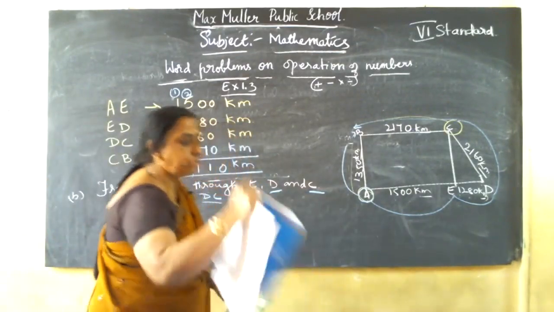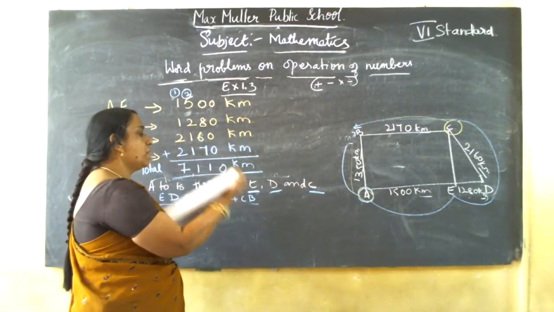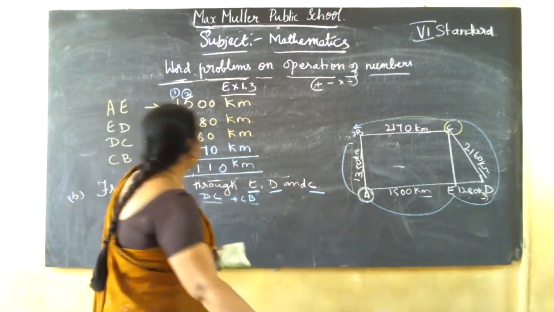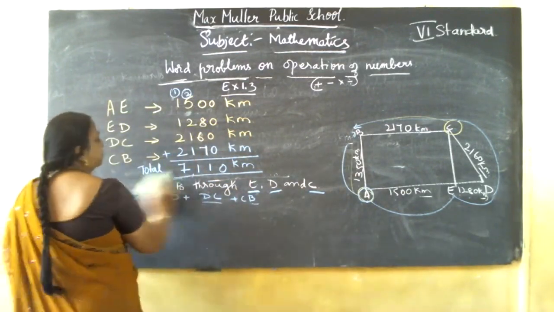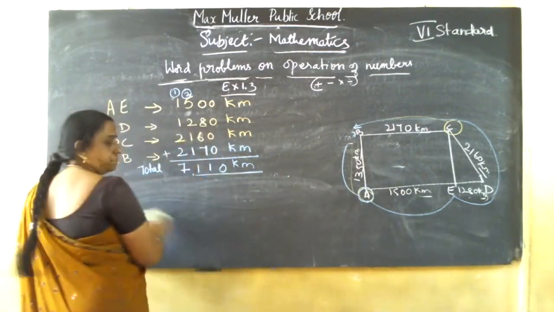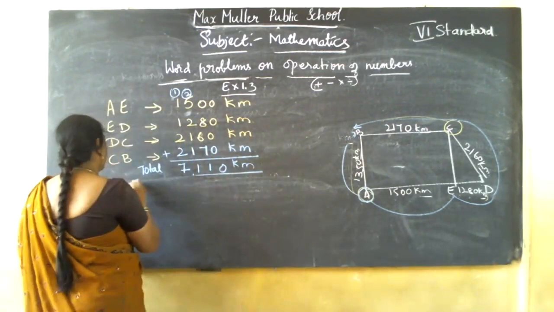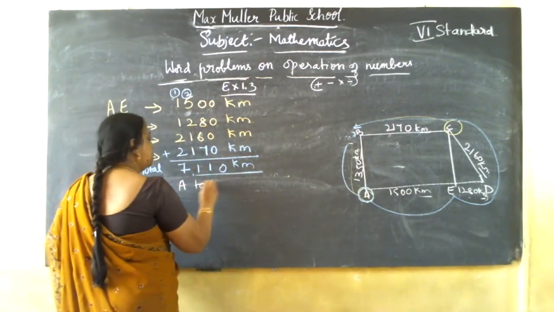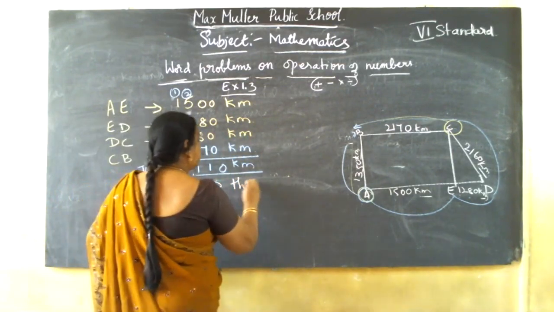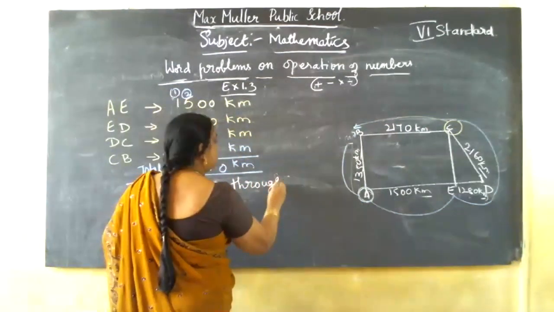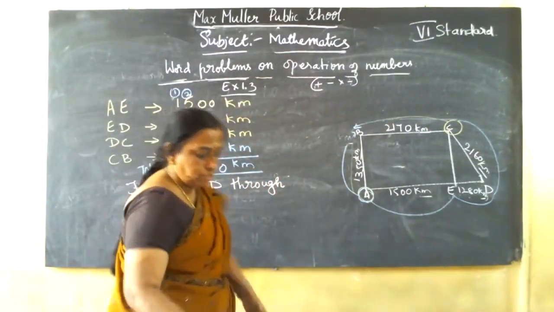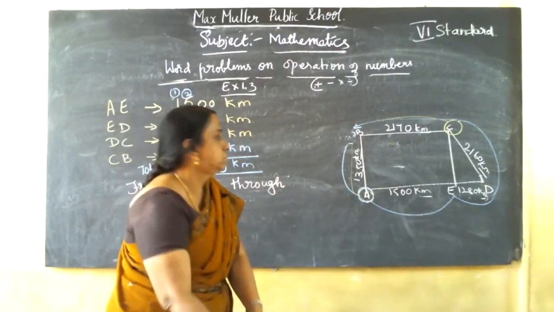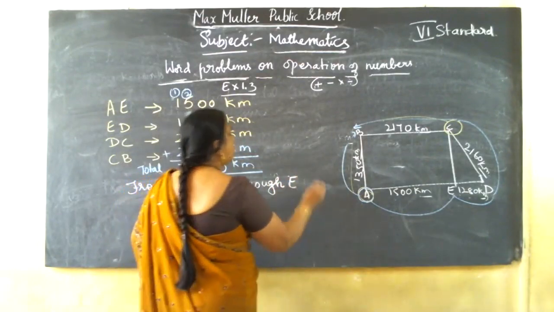What is that question? From A to D through E. How to do this?